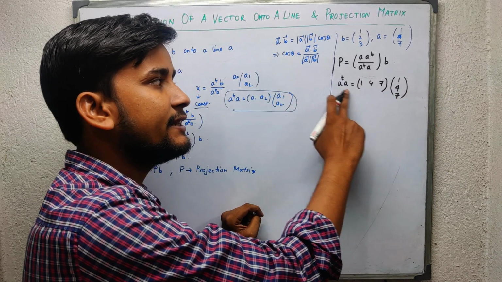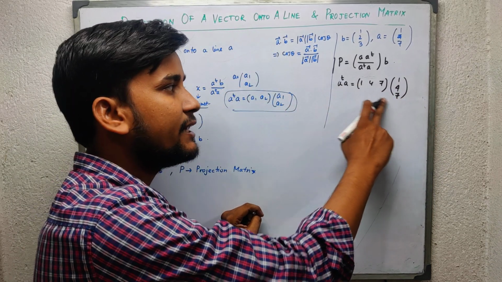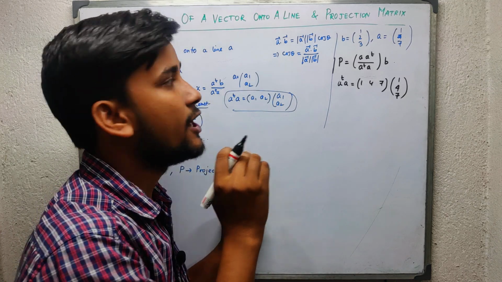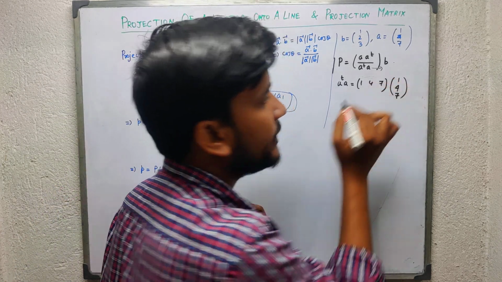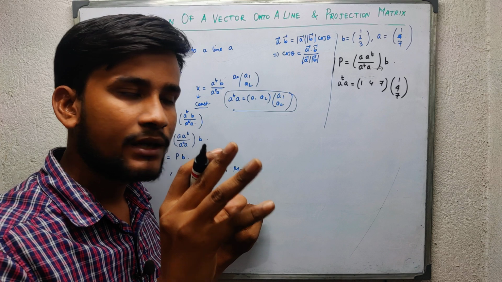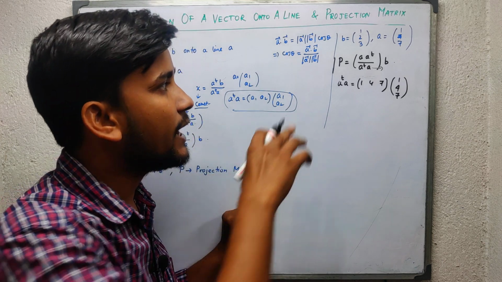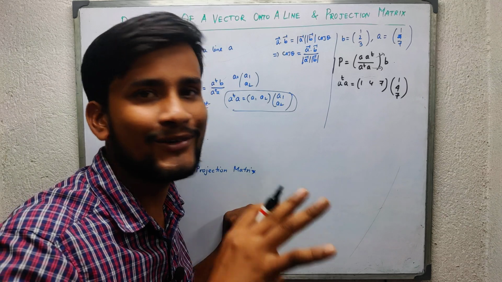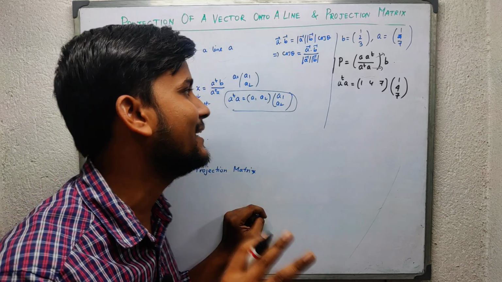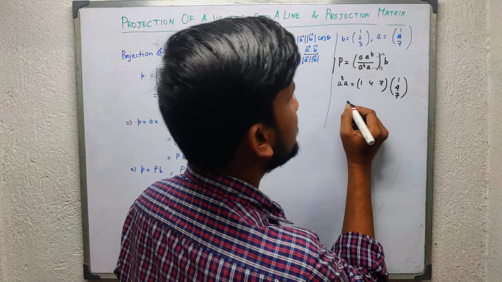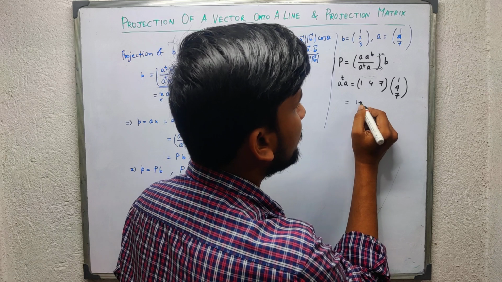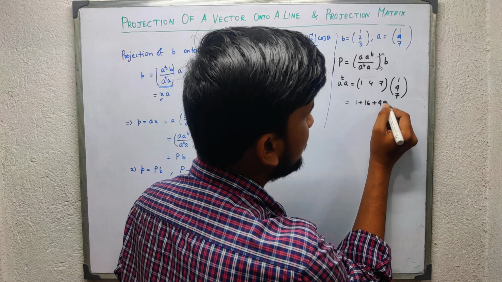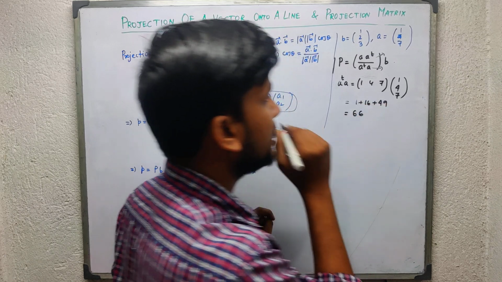If we don't write A transpose A this way, the multiplication is not possible. Always remember the denominator gives you a scalar quantity and the numerator gives you a matrix. So this is 1 into 1, 1 plus 16 plus 49, which is 66.